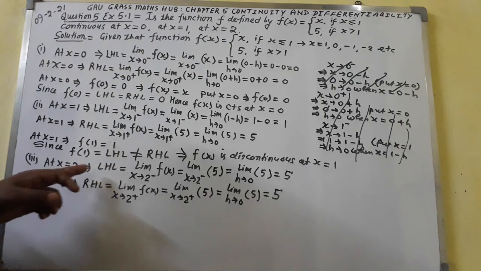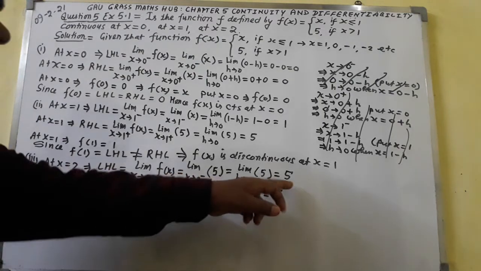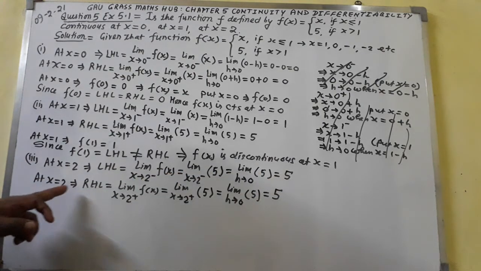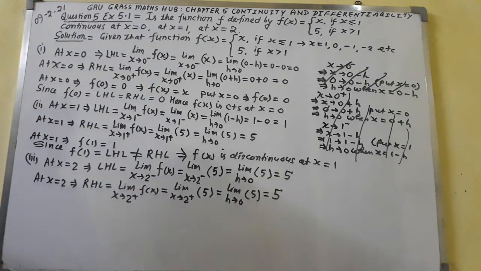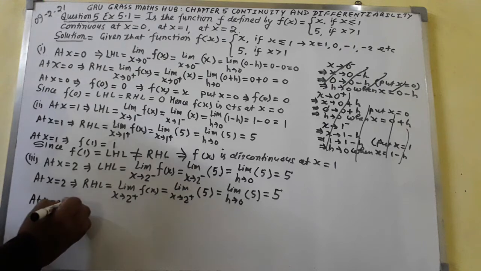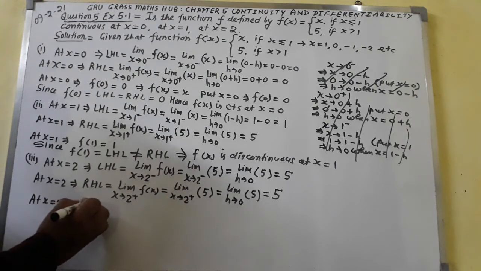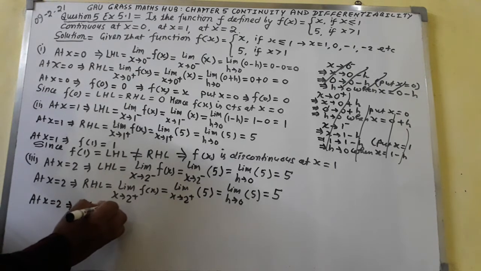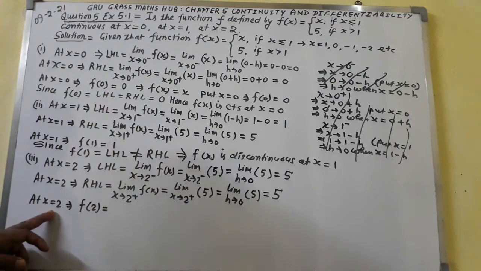At x equal to 2, left hand limit comes out to 5, and at x equal to 2, right hand limit comes out to 5. And again, if I take x equal to 2, that means I shall take f of 2. Here x equal to 2, this means the value of x must be 2.